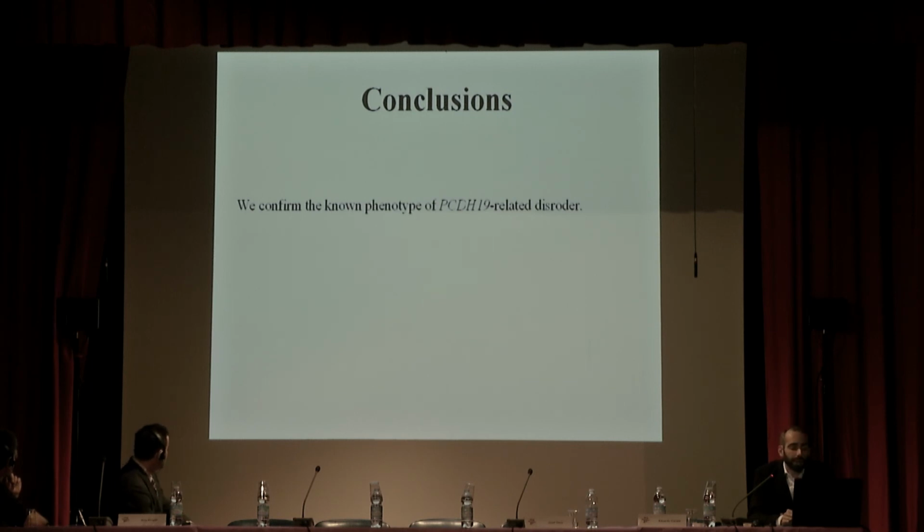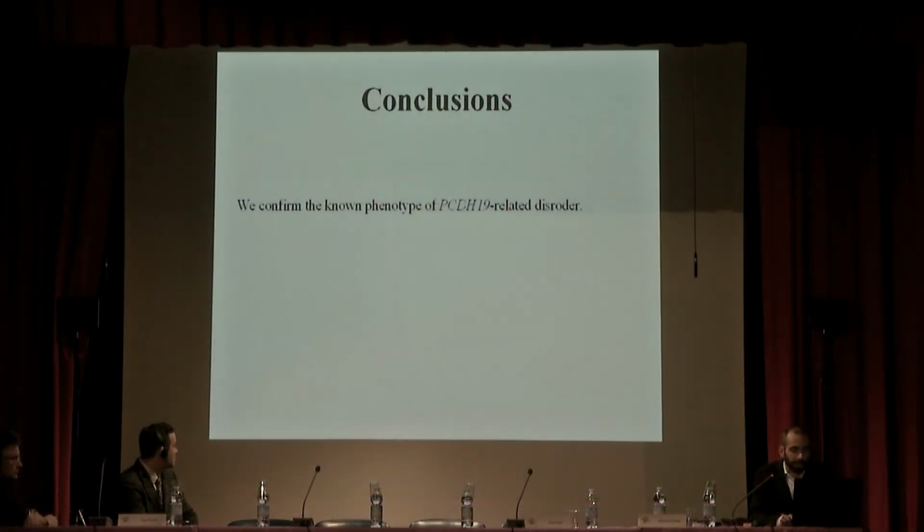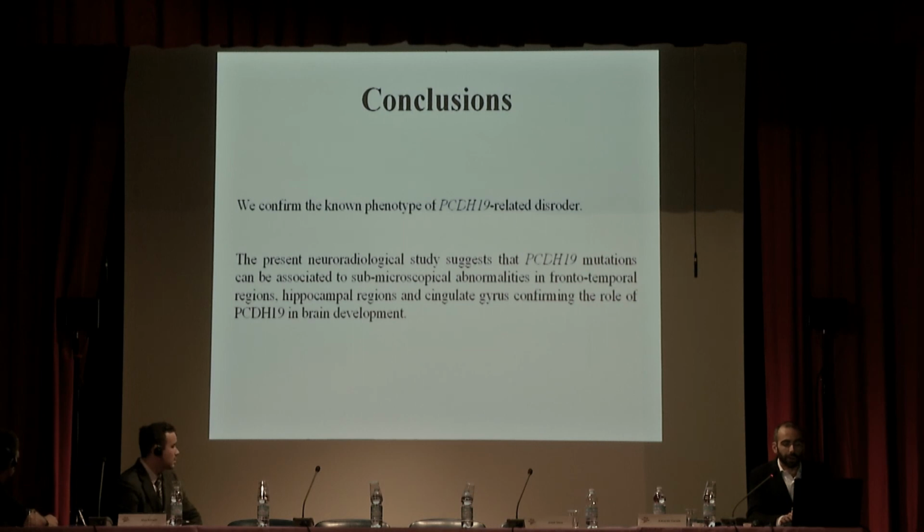Finally, we can conclude that we can confirm the known phenotype of patients with PCDH19-related disorder with early onset, and seizures decrease over time, especially after puberty. And often we observed remission after the age of 20, but intellectual disability and neuropsychiatric disorders remain, especially autism spectrum disorders.